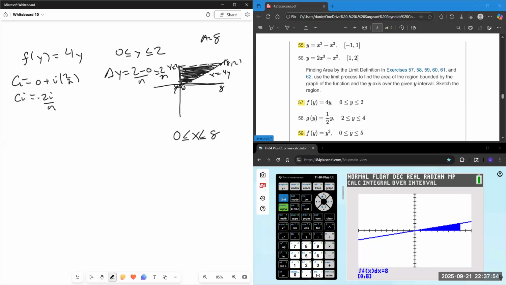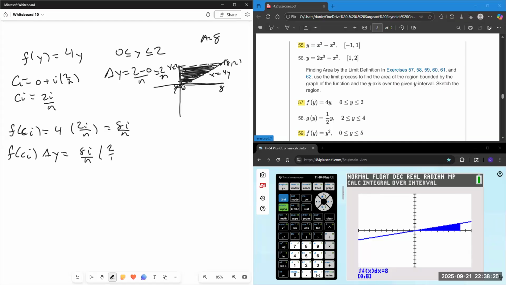And f of ci is 4 times 2i over n, which is 8i over n. We have f of ci delta y is 8i over n times 2 over n, which is 16i over n squared.